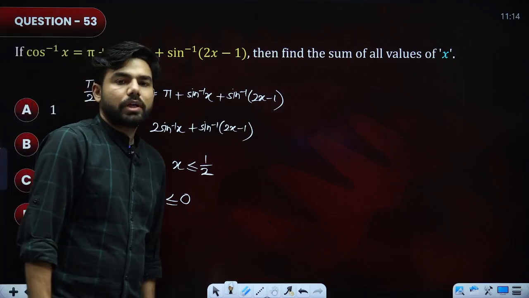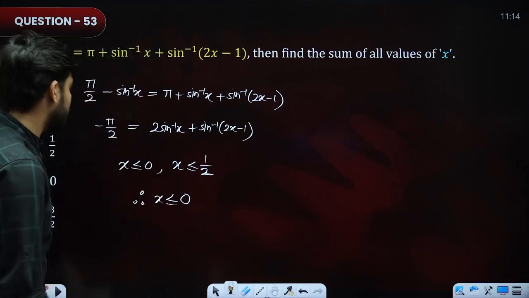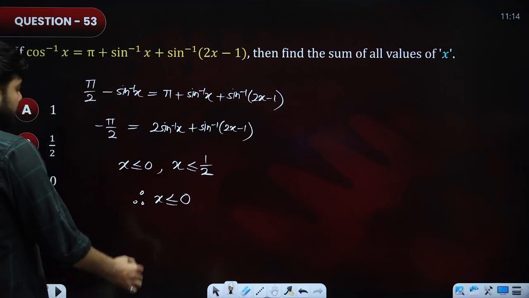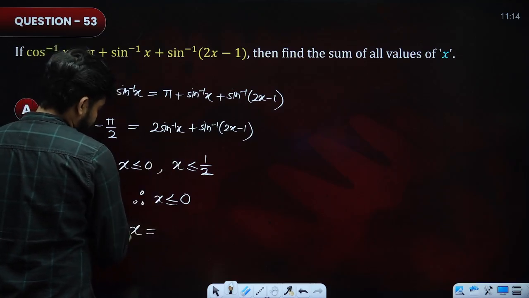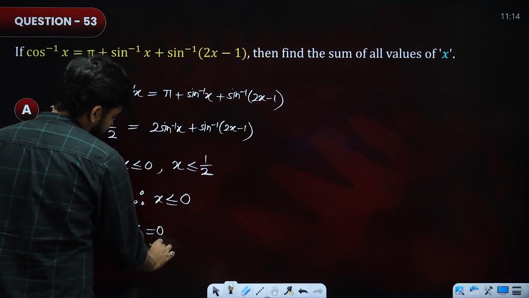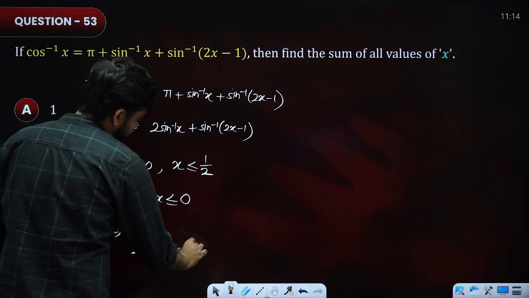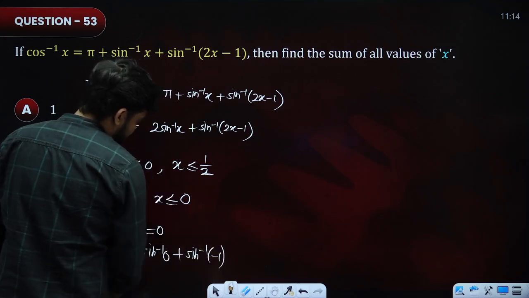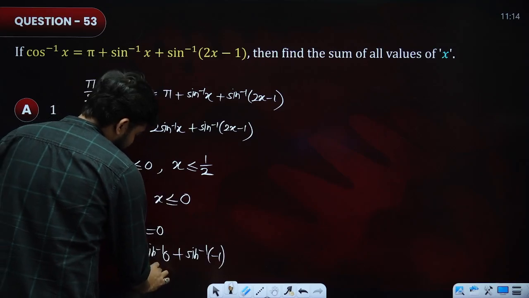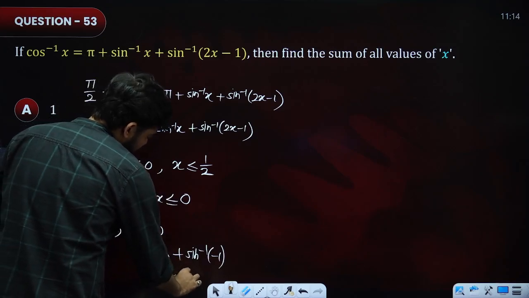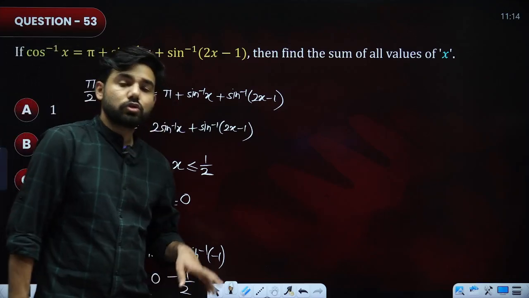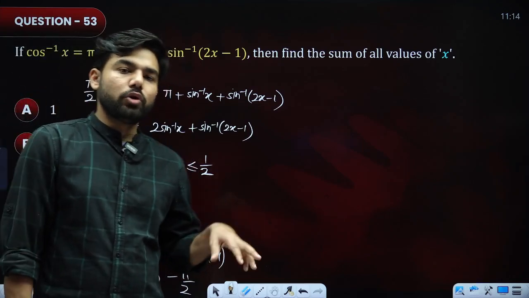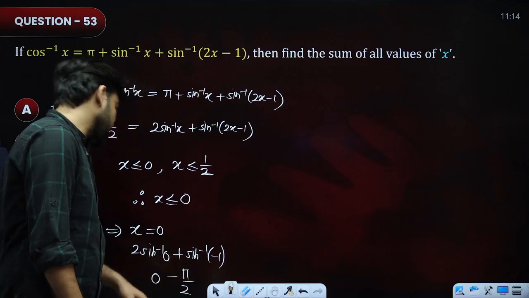Now if I put x equals 0 over here, we got 2 sine inverse 0 plus sine inverse minus 1. Sine inverse 0 is 0 and sine inverse minus 1 is equal to minus pi by 2. So for 0 we got minus pi by 2.